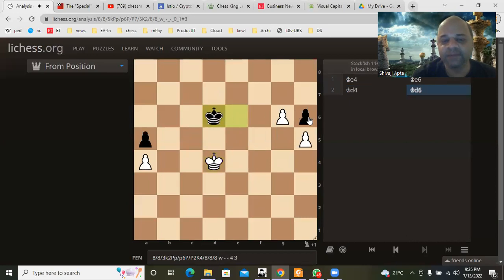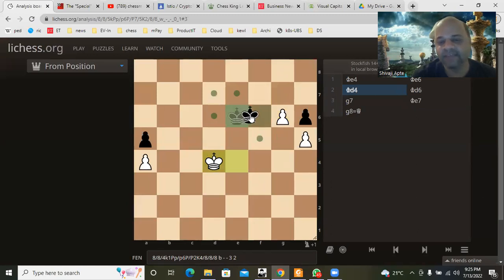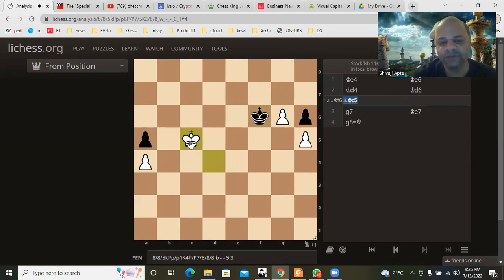If he goes here, then what happens? Pawn push, and there is no way you can reach back the pawn, and the pawn is queening. So even here, the black king will be forced to go here, and then you go here. What will he do? He can only do here. You go here, right? So this is important.